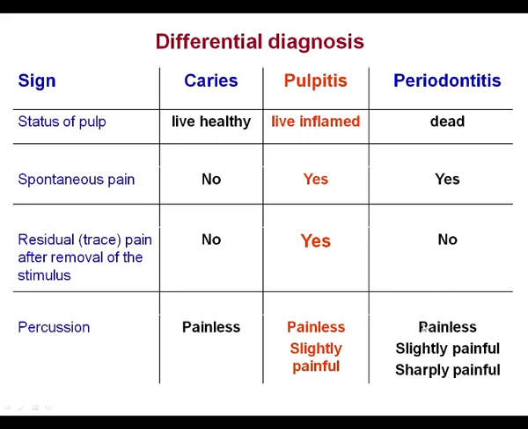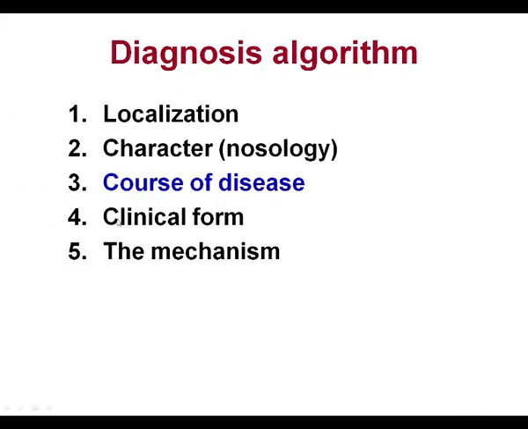In chronic periodontitis, it's more often painless or slightly painful, but when acute or exacerbation of chronic periodontitis, it's always sharply painful. The next point of the diagnostic algorithm is the course of diseases.